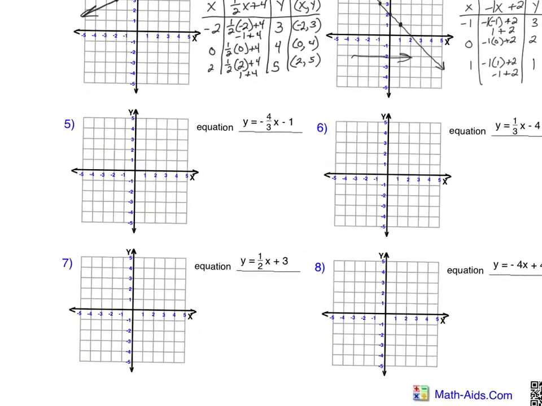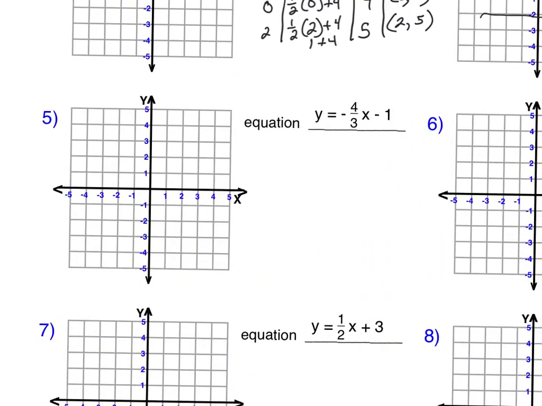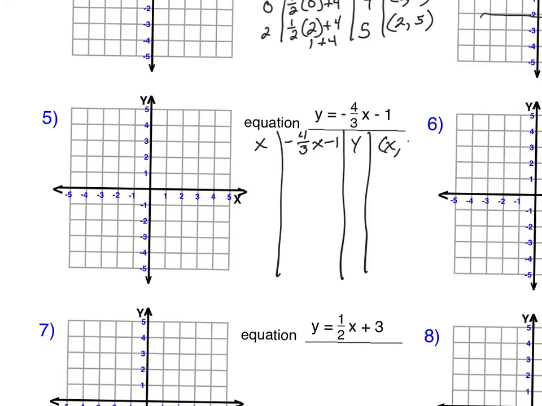Okay. Number 5. Back to a fraction again. So I'm going to think about numbers that I can get rid of the denominator of the fraction with. So x, negative 4/3 x minus 1, y, and then my coordinate, x comma y.